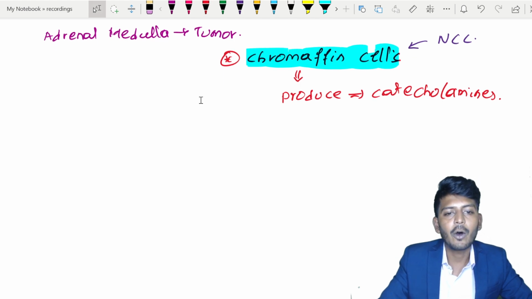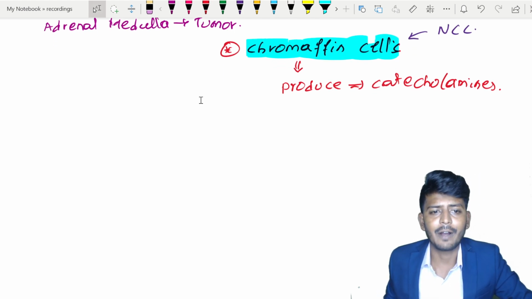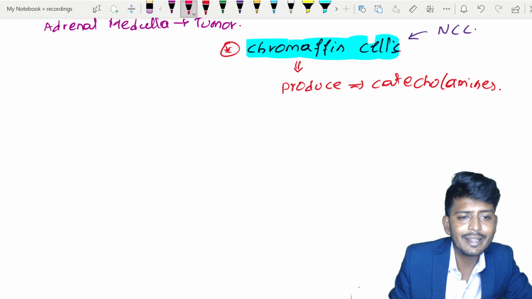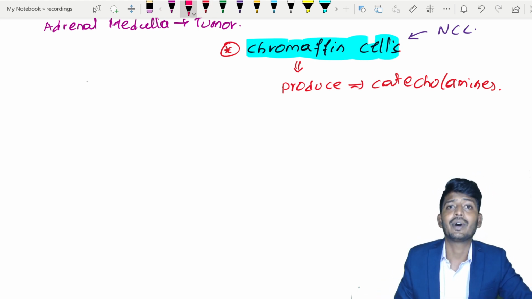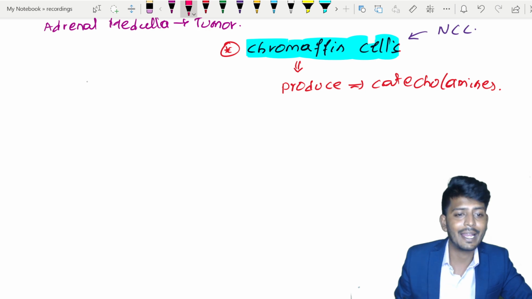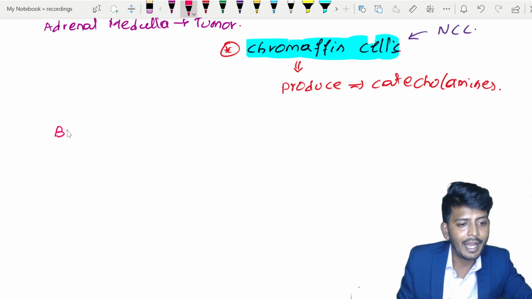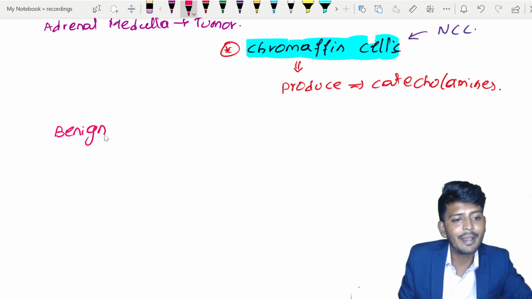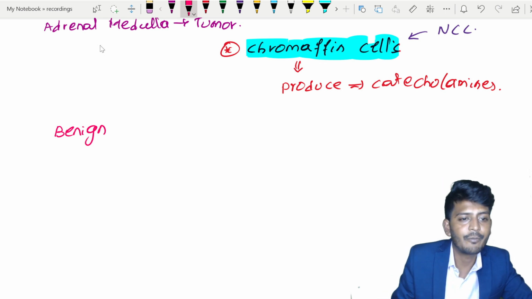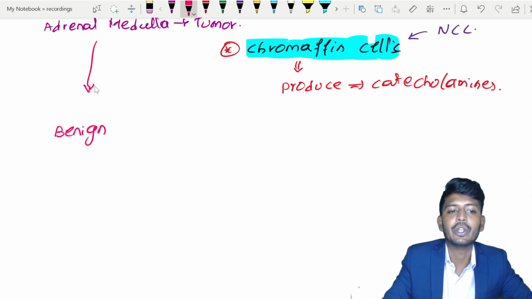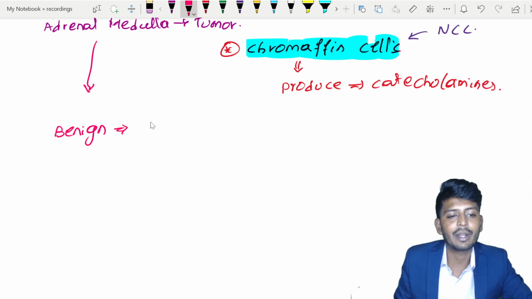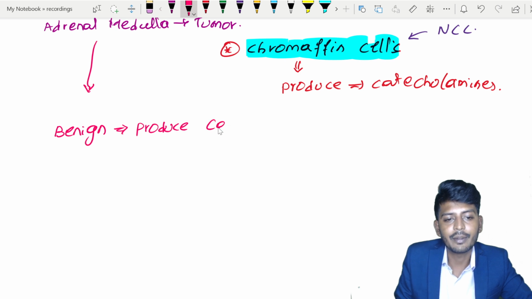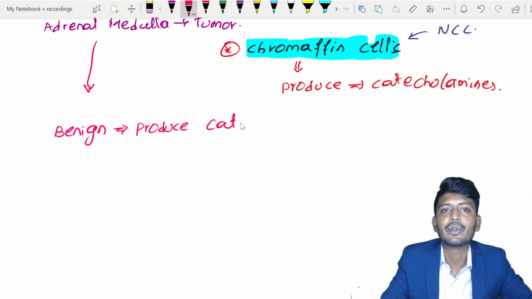Now when we speak of a tumor, whenever we look at a tumor, the most important question is whether it is benign or malignant. Most of the time it is a benign tumor, which originates from the adrenal medulla, and most importantly, it produces catecholamines.